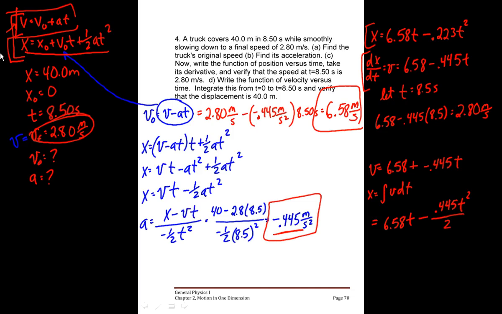And then if I put in my limits of integration, that's from 0 to 8.5 seconds, I'll get 6.58 times 8.5 and so on. I get 40 meters.